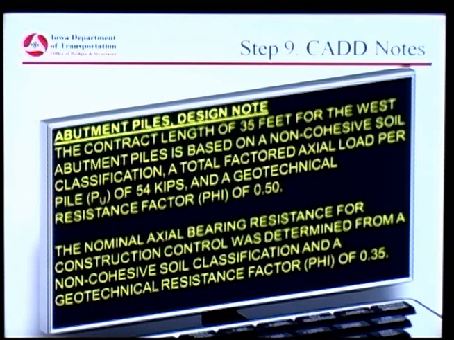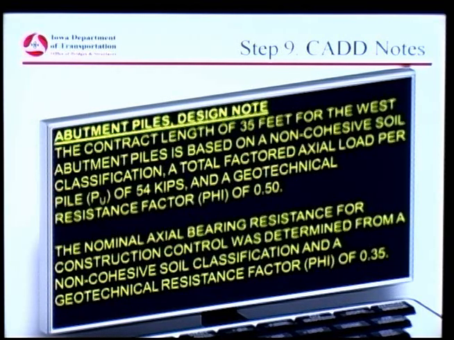So a few important pieces of information are given here. The nominal axial bearing resistance for construction control was determined from a non-cohesive soil classification and a geotechnical resistance factor of 0.35. So you have 0.5 for design and 0.35 for construction control.